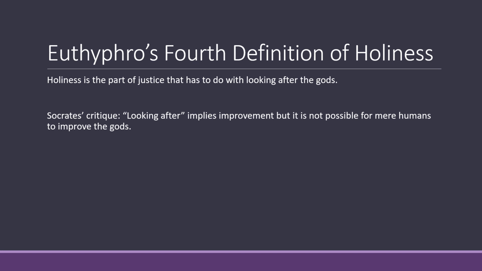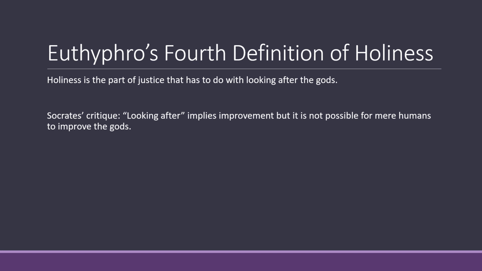Justice in the ancient Greek world is the idea of, in general, doing the right thing. There's justice in the family, acting in the right way towards your family. There's legal justice, and there can be justice with respect to acting towards the gods in the proper way, doing the right thing with respect to the gods.